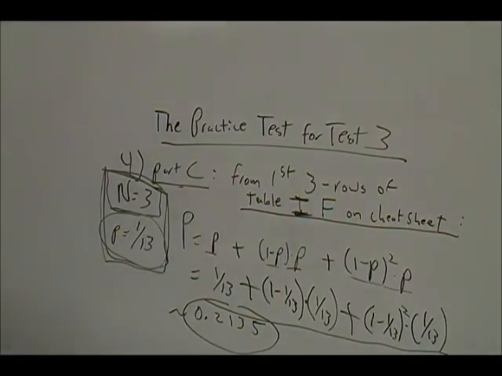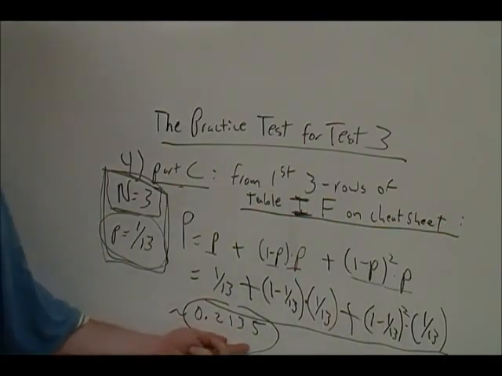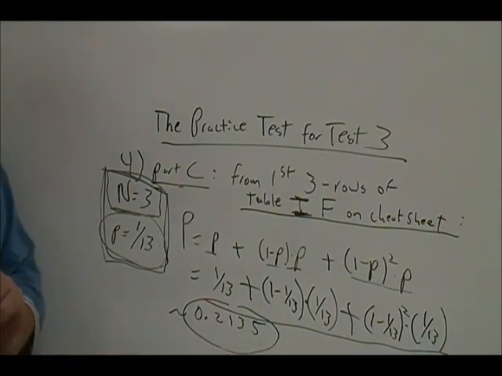So the probability that if you draw continuously until you get an ace for the very first time from a shuffled deck of 52 cards, the probability that you'll draw an ace for the very first time by the third draw is 0.2135 as a decimal rounded to 4 significant figures. And like I said, all these calculations can be found in the solution key to the practice test for test 3. Alright, so we're done with problem 4.